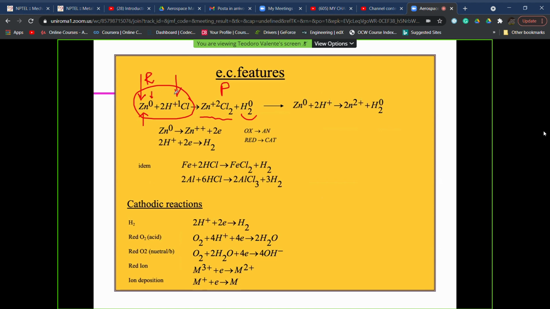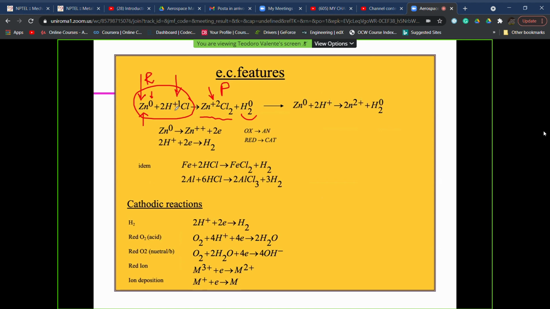Then, after the corrosion reaction, we have the formation of zinc chloride, in which, the chloride being -1, the oxidation number of the zinc has turned from the 0 value to +2. And this is the first aspect.